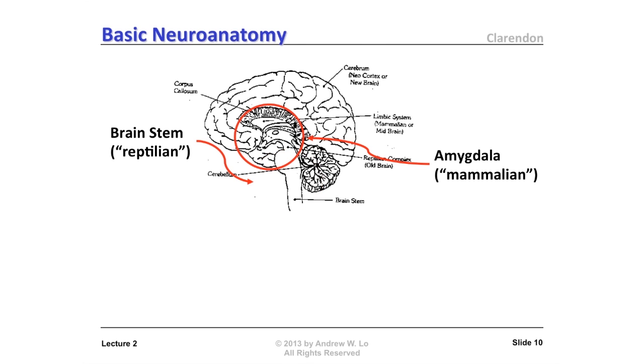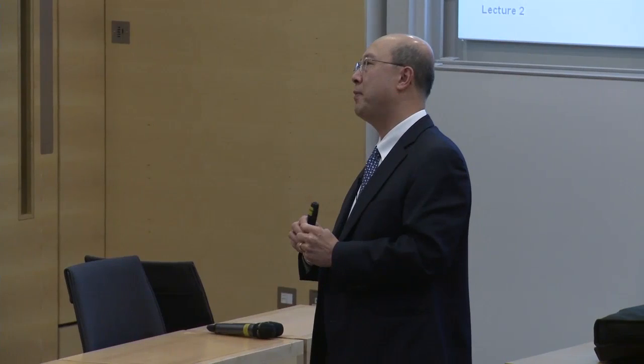On top of the brain stem sits the middle part of the brain, sometimes called the midbrain, sometimes the mammalian brain, because this part of the brain reptiles do not have. It's the part that is responsible for fear and greed, emotional reaction, sexual attraction, all of the things that we associate with warm-blooded creatures.